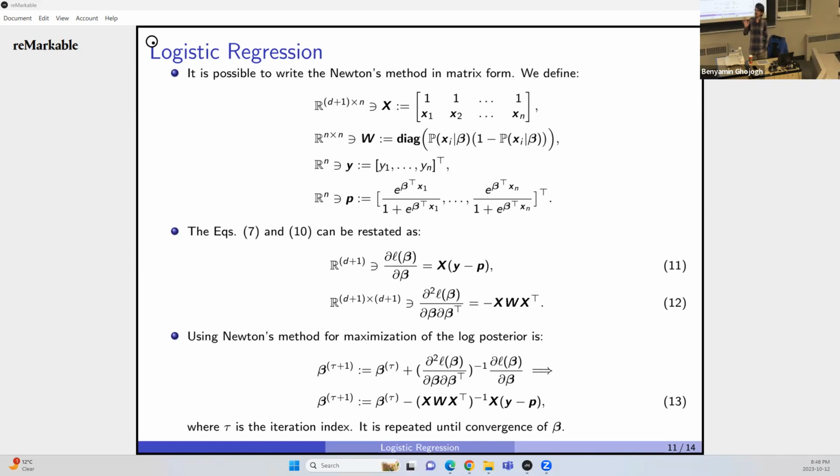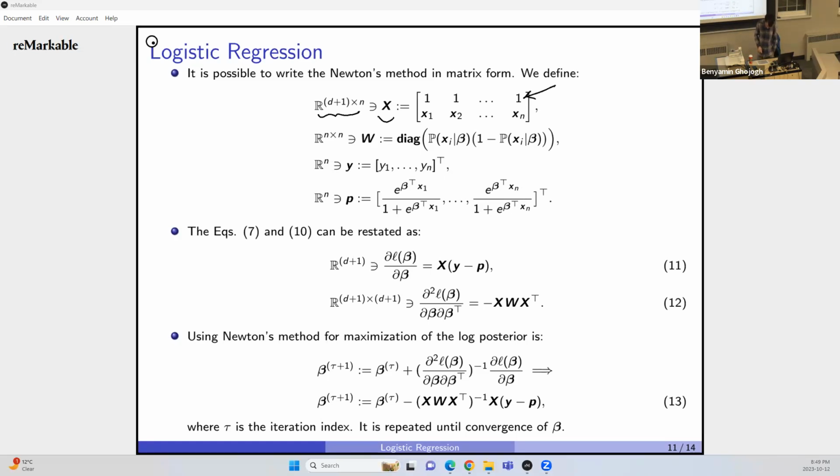We can do Newton's method for maximization, but let's make it matrix form, because we don't want to use a for loop in our code and these things. Let's do it in matrix form. So I define matrix X to have d plus 1 rows and n columns. What does it mean? I'm stacking the data points column-wise, where I put 1 at the start.